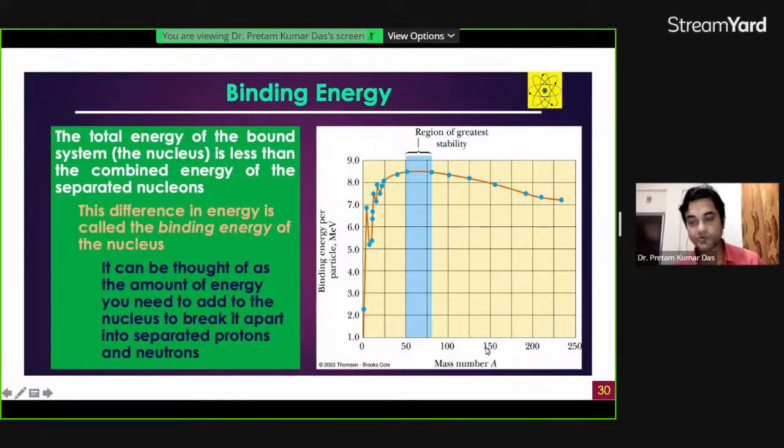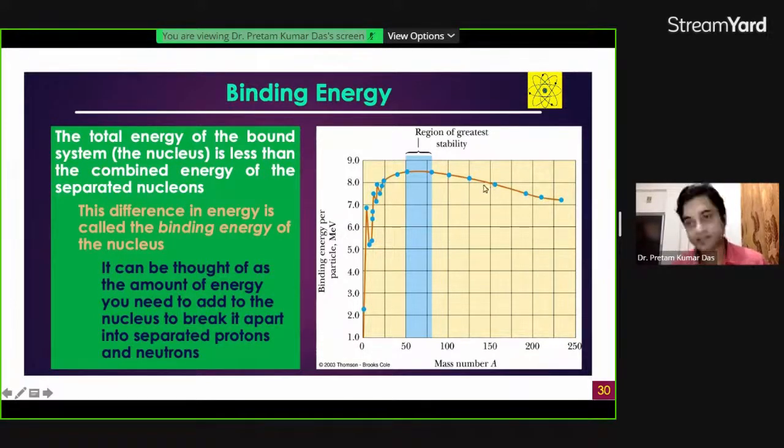So 52 nucleons should become here. This region is less stable than this. So no element goes there, because everybody wants to stay in a stable region, or wants maximum stability. Nobody goes to an unstable region by nature.